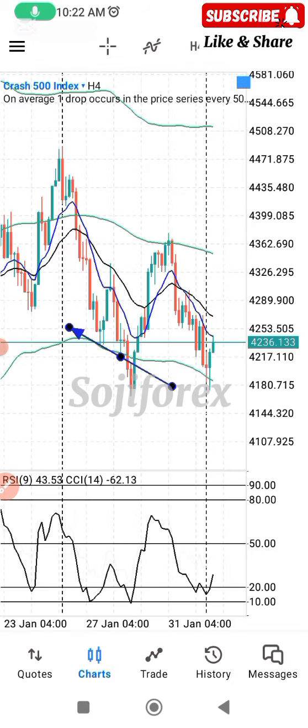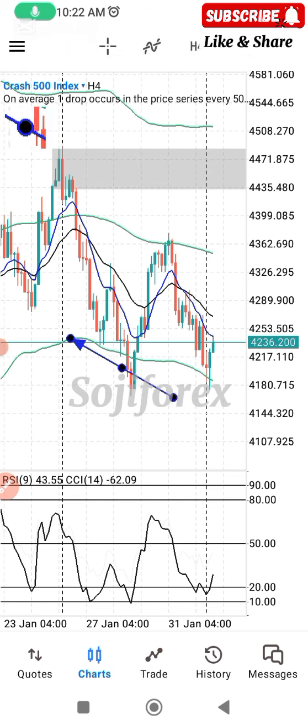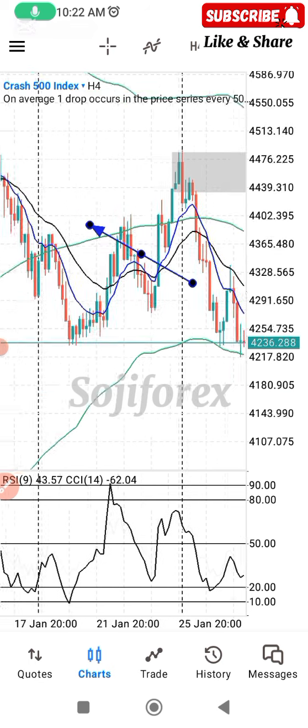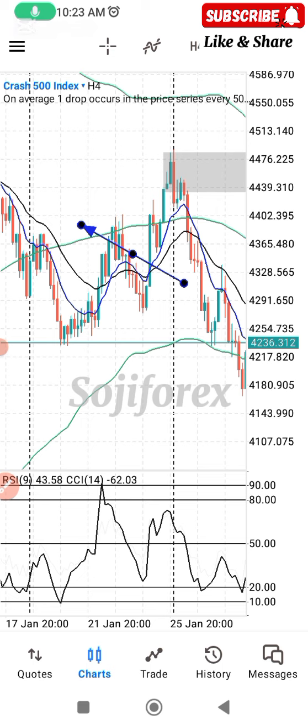So for instance, we want to sell crash. I will mark the whole of this zone together, which comprises my point of failure and point of reaction. So I will mark this zone like this. That is a major zone.